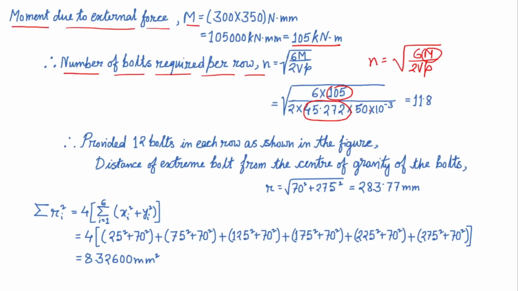Next, small p is the pitch, which is 50 mm, and if you convert it to meter, we have to multiply it by 10 to the minus 3. So finally the number of bolts required per row is 11.8, which is approximately 12. Therefore, we provide 12 bolts in each row as shown in the figure.